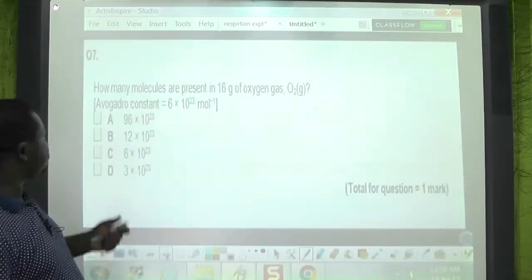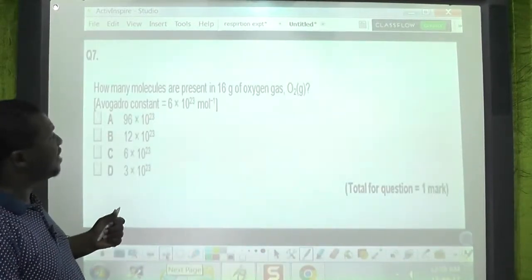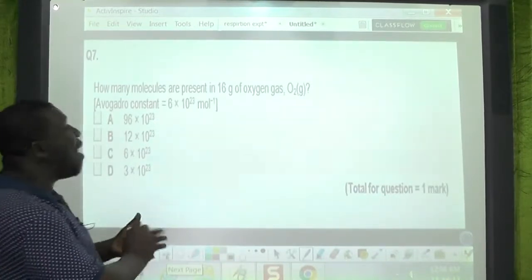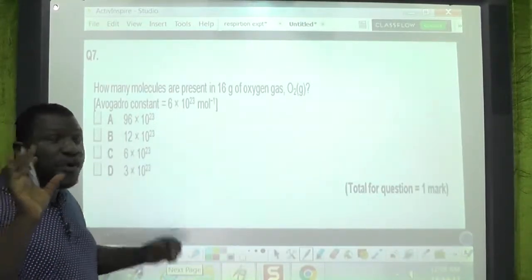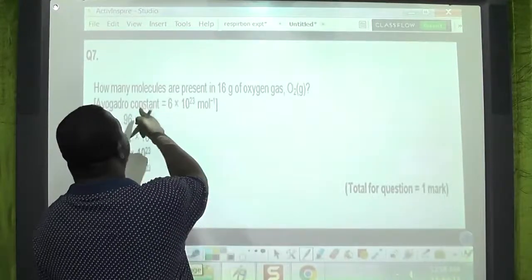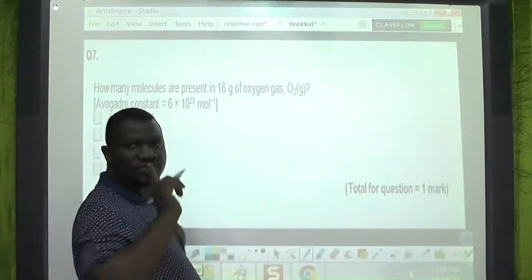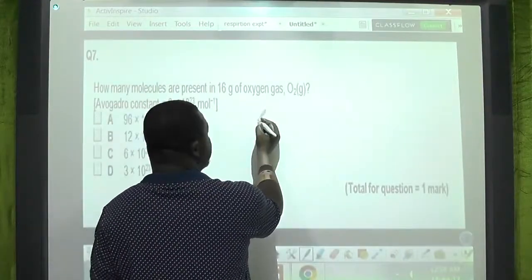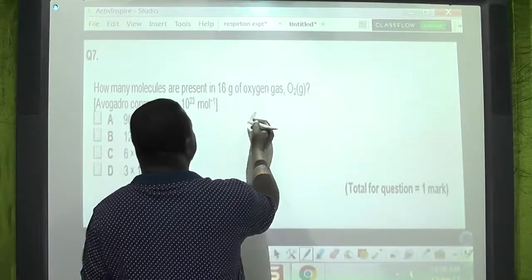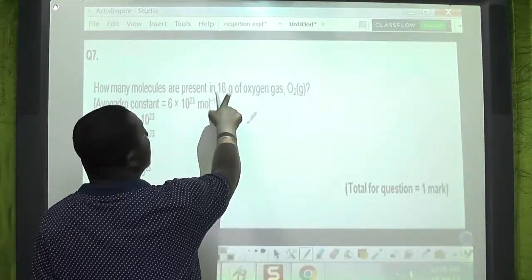Now let's go. How many molecules are present in 16 grams of oxygen? When you're talking about molecules now, it will be how many molecules are present in this gram of oxygen.